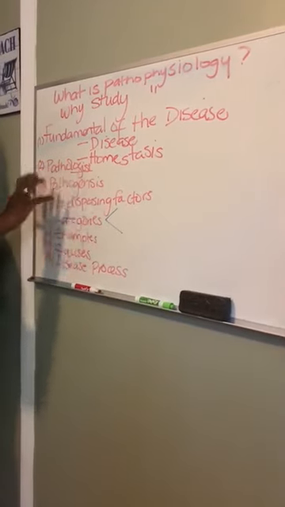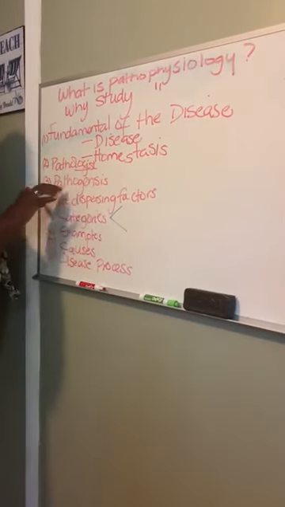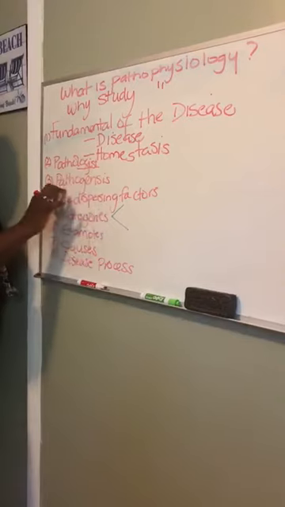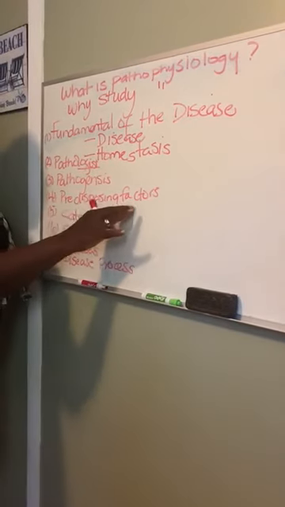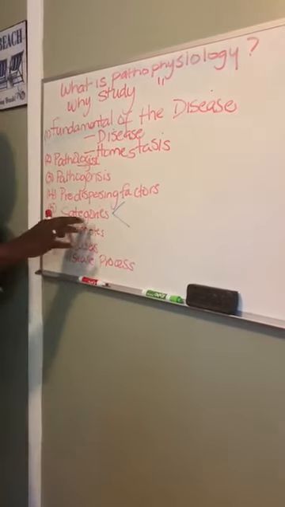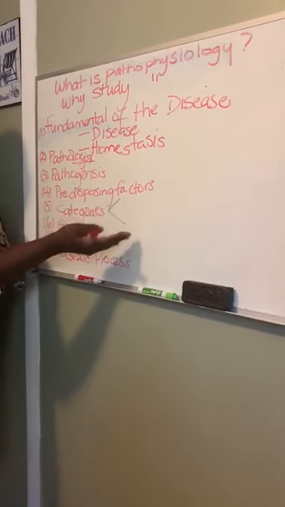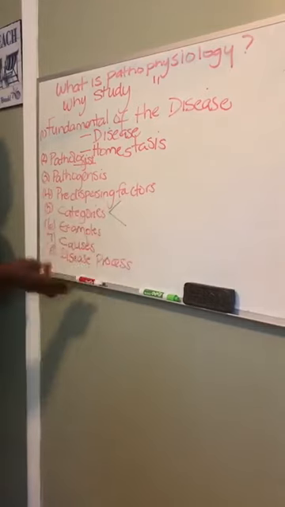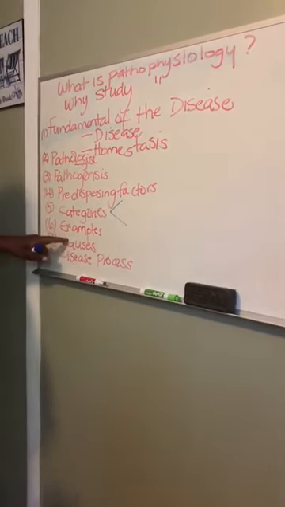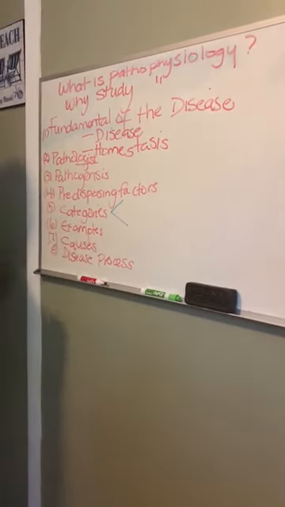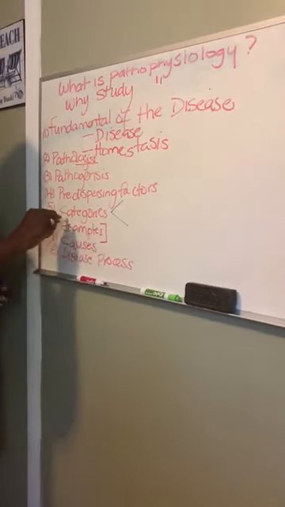Pathogenesis is the genesis, the making, in the beginning of the disease. Pathogenesis. Predisposing factors, what makes you at risk. Then we're going to give you the categories. The two categories, one is with lesions and one is without. Functional and structural, we're going to talk about that as well. Examples. This is going to be like something I'm going to give you all like a little homework assignment.